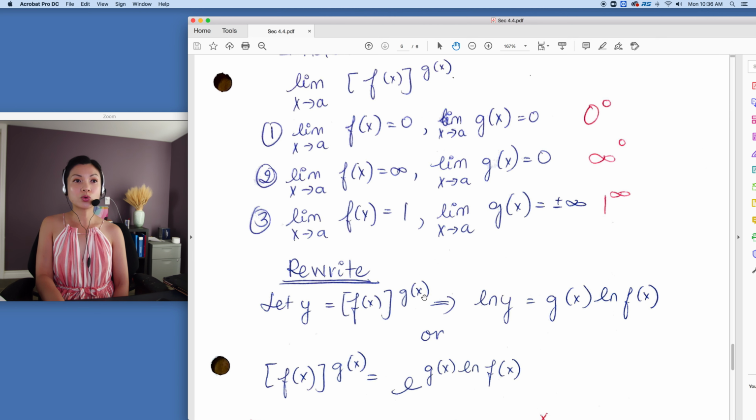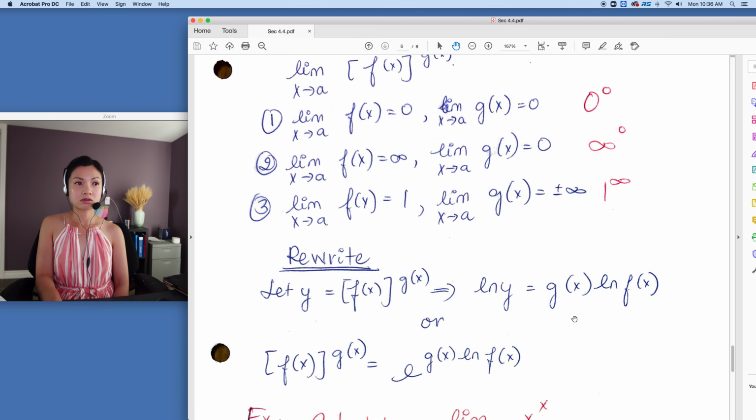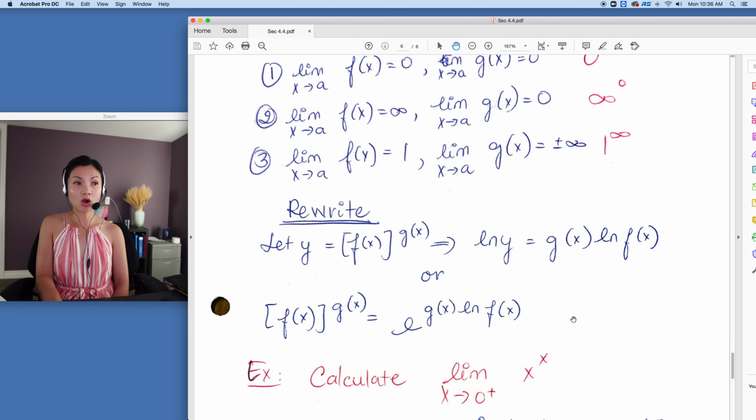If I apply ln on both sides, I can take the power to the front. And then I have g of x times ln f of x, right? Or I can always apply the e function. So I get e to the g of x times ln f of x.